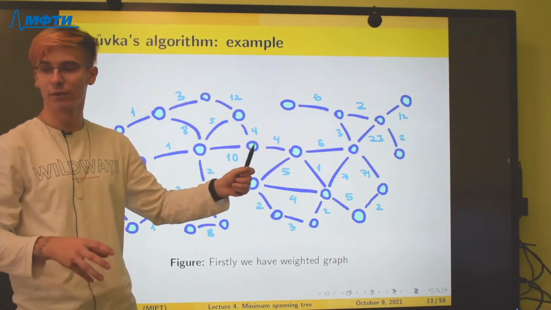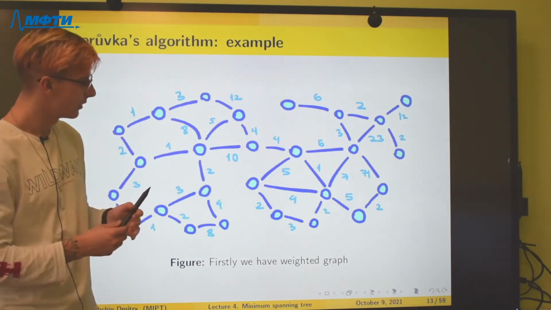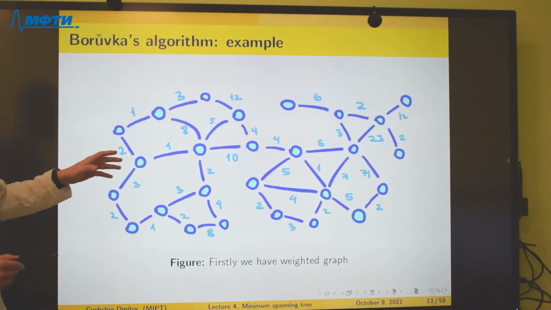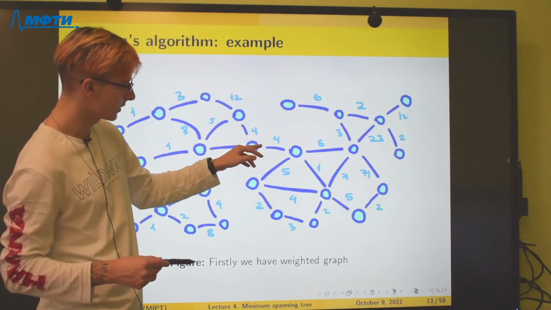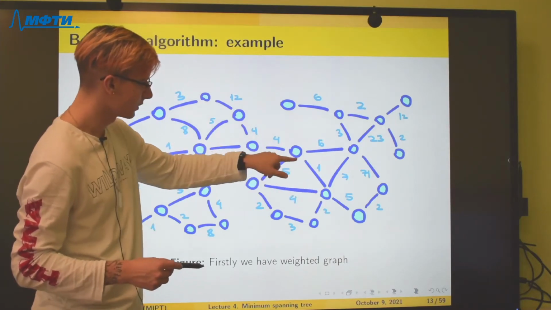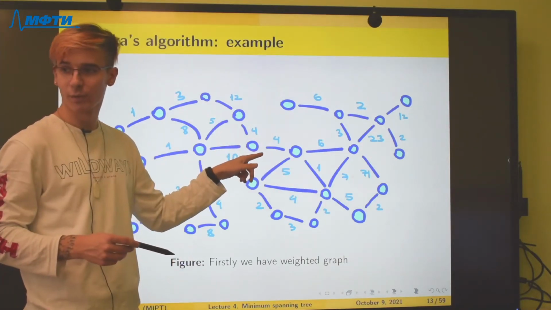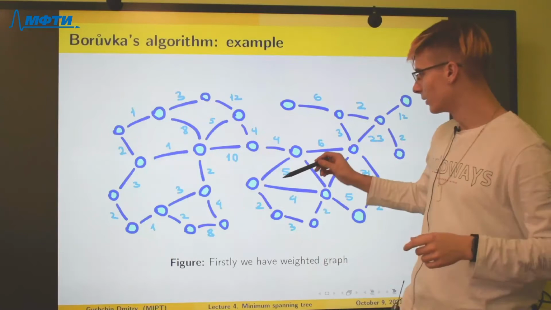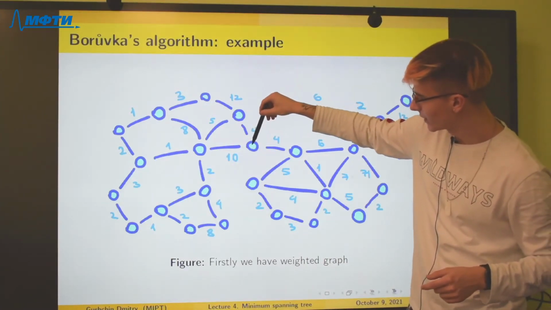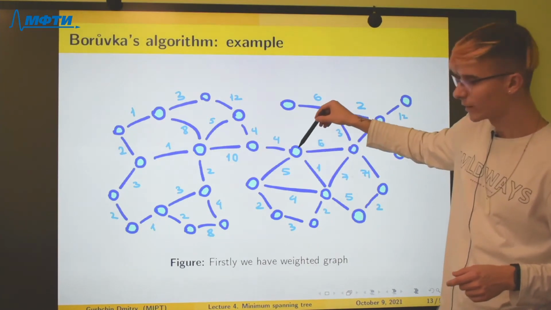So we can add edges that connect this vertex with this component and this component too, because this edge will be minimum for this vertex and this will be minimum for this vertex.